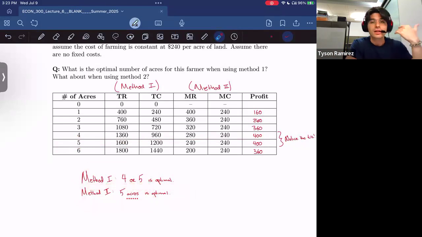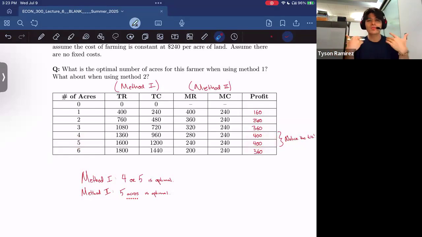Some intuition for this is why do we like method two? One of the reasons we like method two is that if I use 5 acres, then I'm probably selling more stuff. Although the profit is the same, I'm selling more of my stuff, more of my items are out on the market.